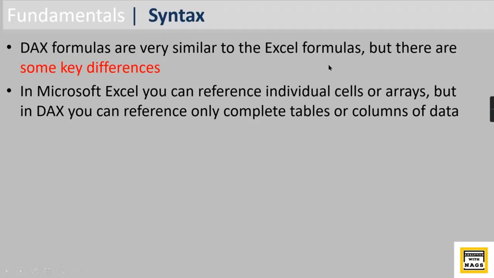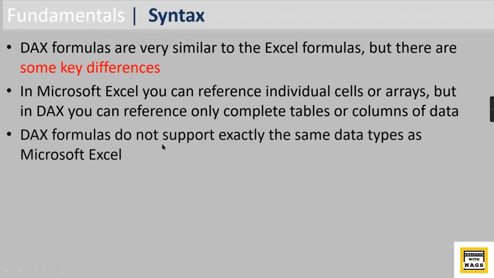But in DAX you cannot reference cells. You can only reference a table or columns as the DAX function argument. That is the main difference. Also, not all the data types supported in Excel are supported by DAX. What data types are supported in DAX, I will cover a couple of slides later.